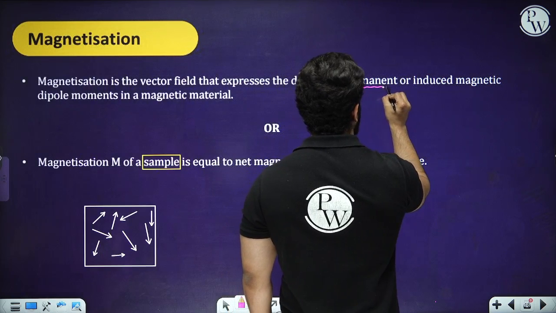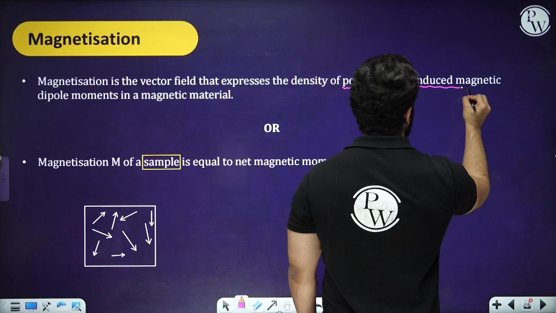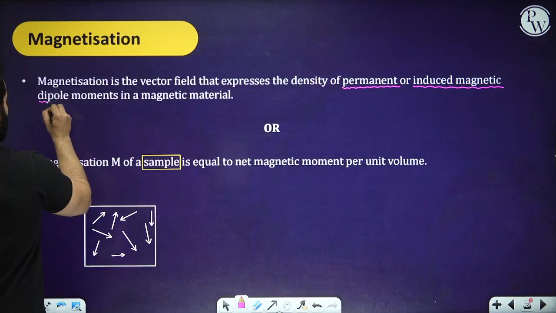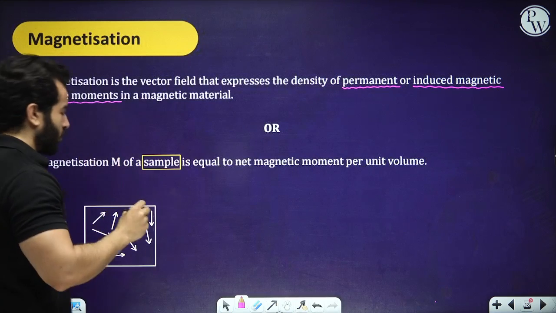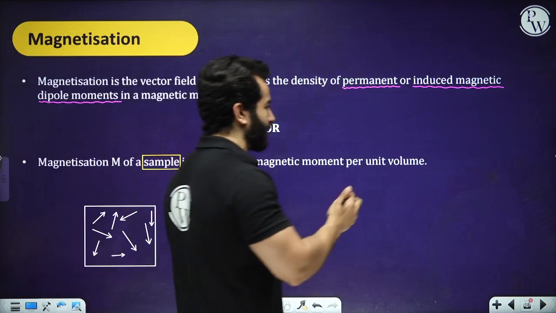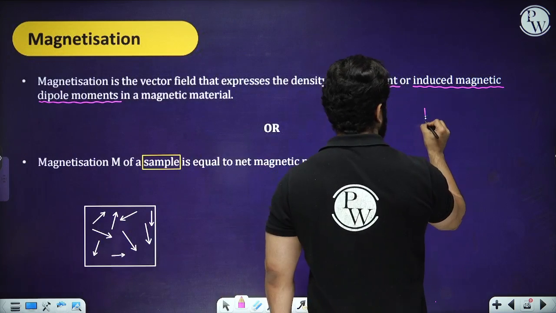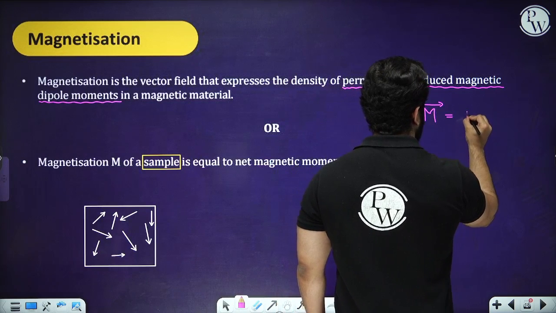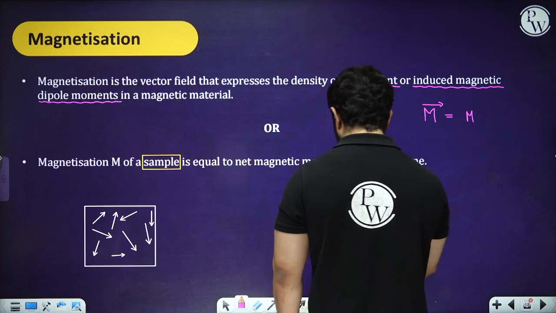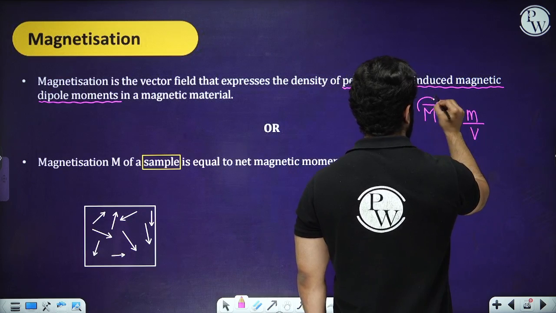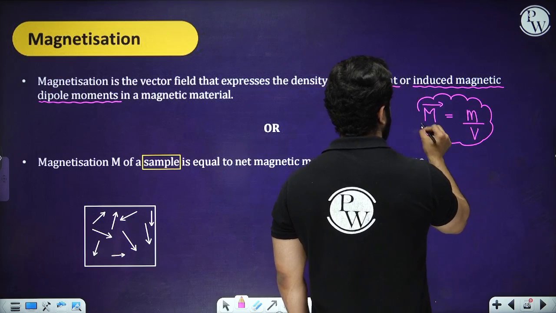It could be permanent or induced magnetic moment per unit volume. All right. So if you take a unit volume and find out what the magnetic moment is, that means M will be written as magnetic moment divided by volume. So this will be called magnetization.